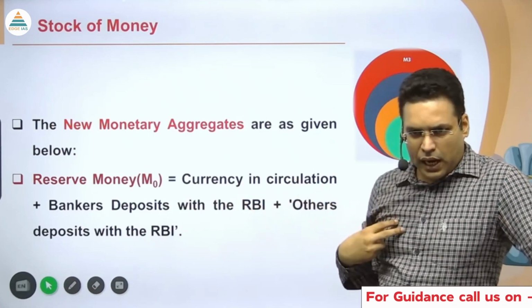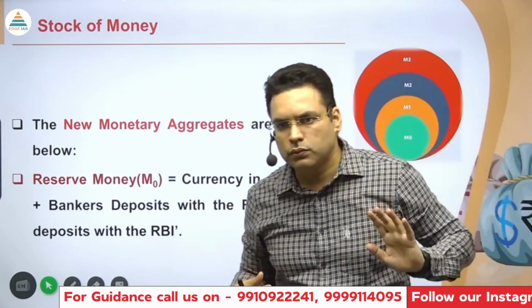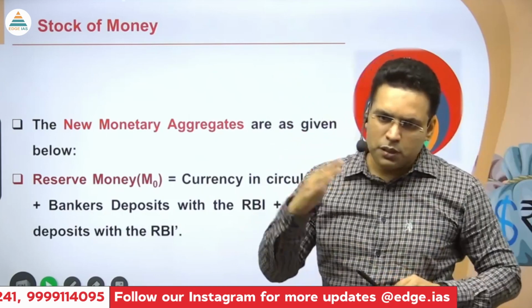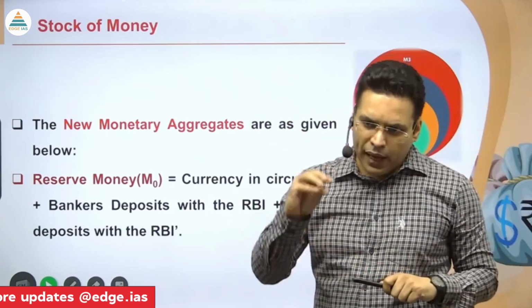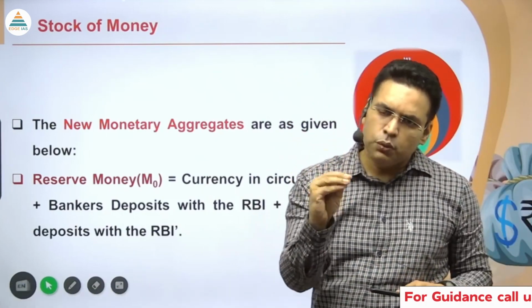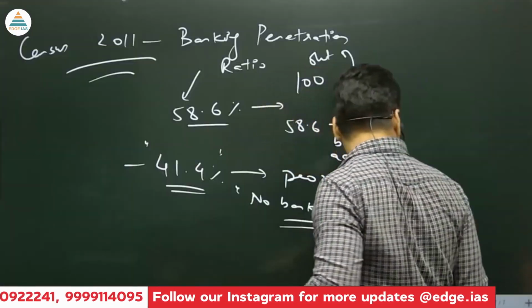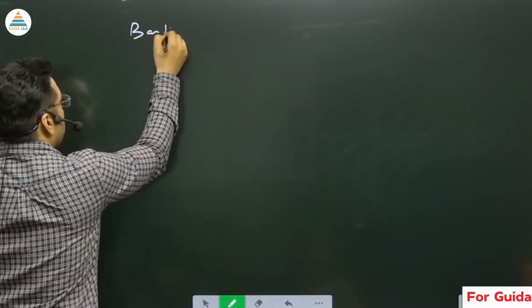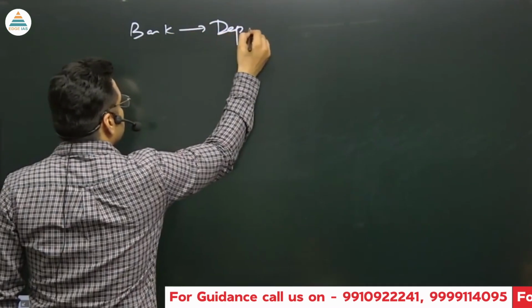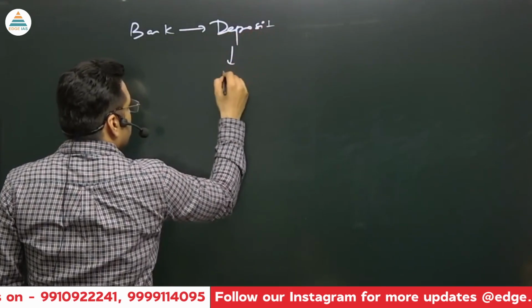When I have cash, I go and put my money with the bank. What does the bank do? The bank will keep a part of the money with RBI. That is called banker deposit with RBI. I'll explain it to you. Let's say the bank has a deposit of 100 crore.